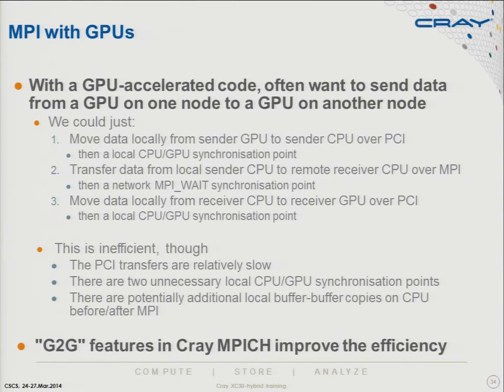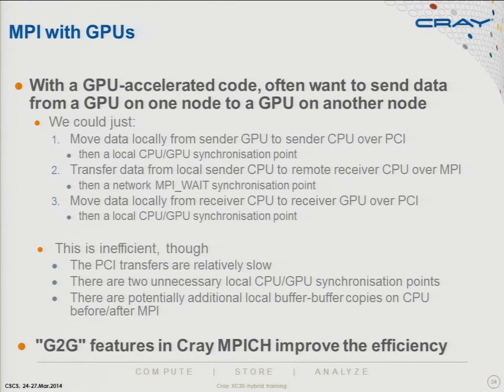Then the MPI happens, and you do an MPI synchronization, and now I know the MPI is completed, so I know the data has come over here, and then I will send the data from me back up to my receiving GPU, and then there'll be another CPU-GPU synchronization to say the data has arrived at the receiving GPU. So there's two local CPU-GPU synchronization points that have to go on.